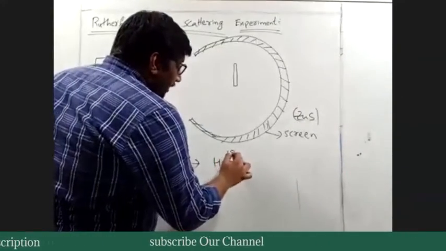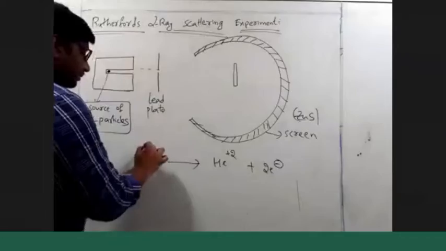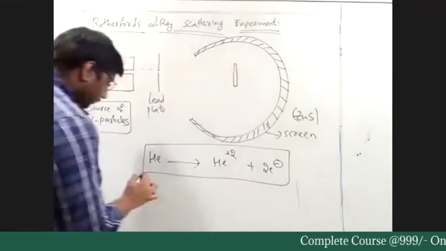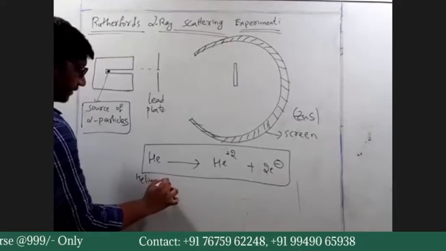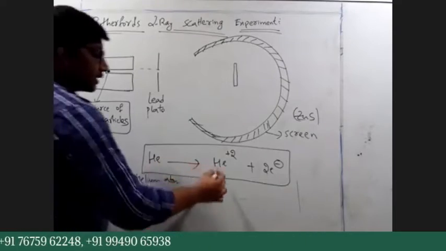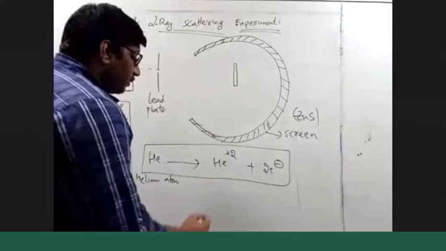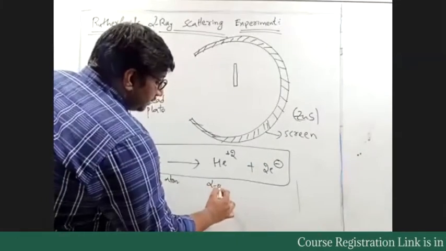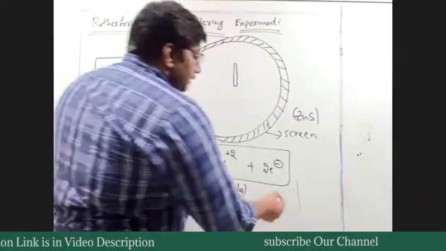If it loses 2 electrons, when helium atom loses 2 electrons, it gives positively charged helium ion, which is known as alpha particle. So alpha particles are positive in charge, and loss of 2 electrons.